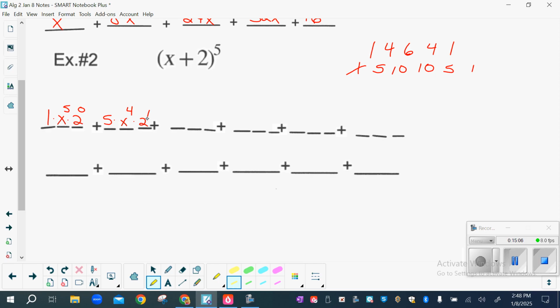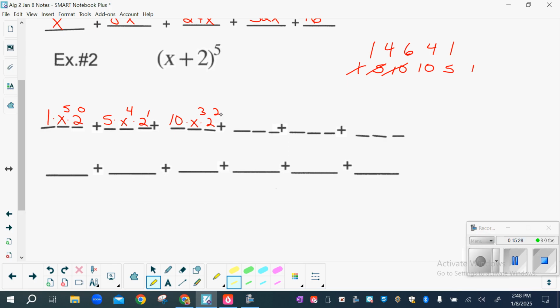And so my next one, thank you to those of you that are playing. Back here in this group, tell me what goes into the next one. What's the coefficient and what are the exponents? x to the 3rd times 2 to the 2nd. Okay, next one, a group in the far back there.